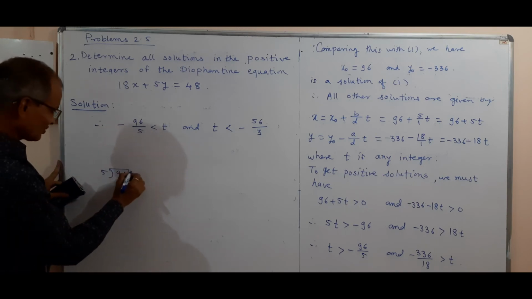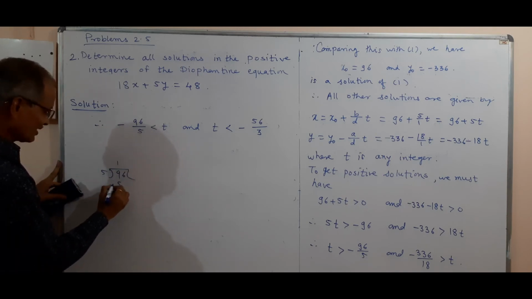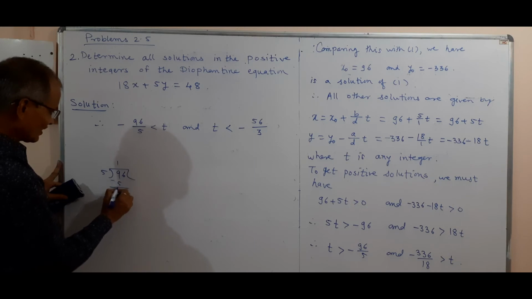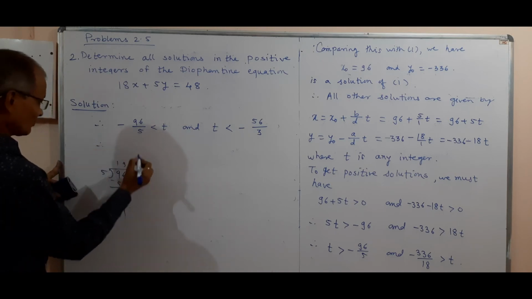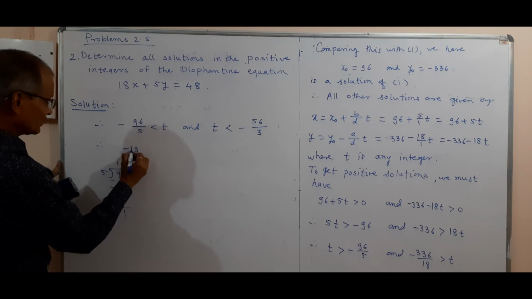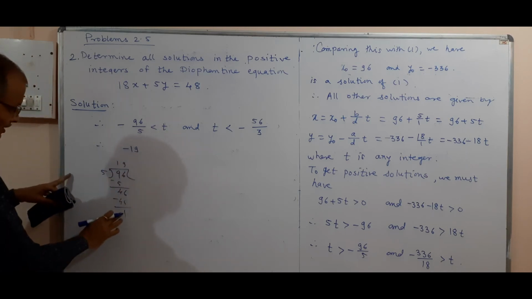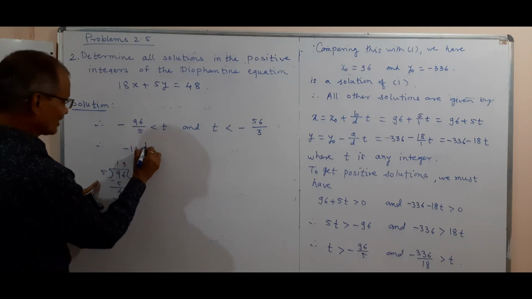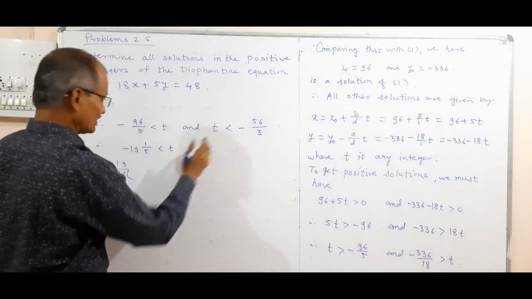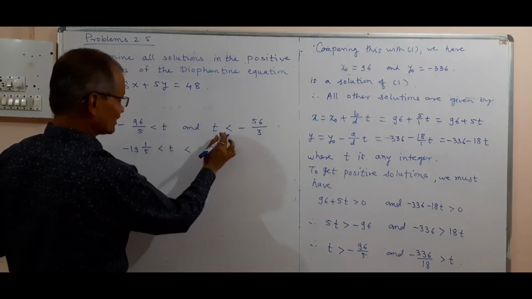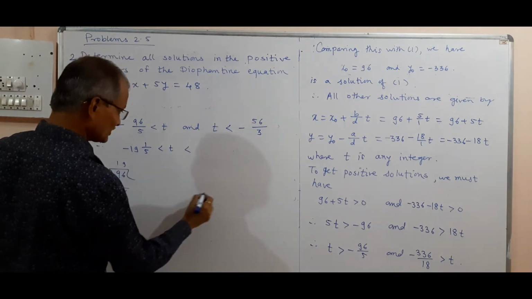The first quotient is 1, 4 remains, then 9, and the remainder is 1. So this number is minus 19, quotient, with remainder divided by divisor 1 by 5. This is less than t, and t is less than 56 by 3.